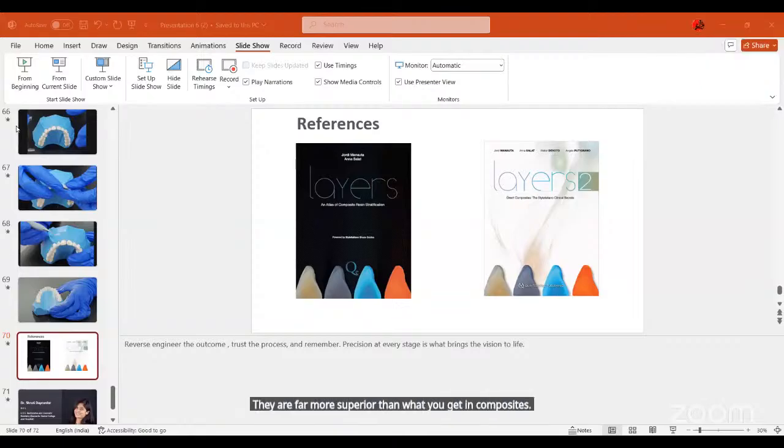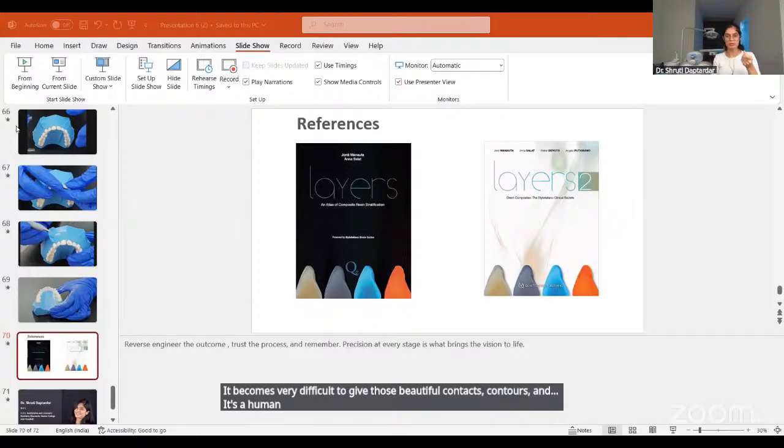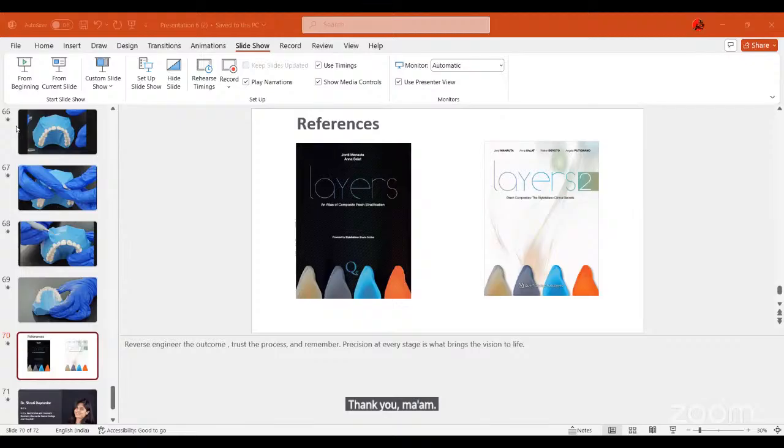It becomes very difficult to give those beautiful contacts and contours, and it's a human job. Even with a microscopic void, it is a fail, a recipe for disaster. So additive cases, composite; subtractive cases, look for ceramics. Thank you, ma'am.